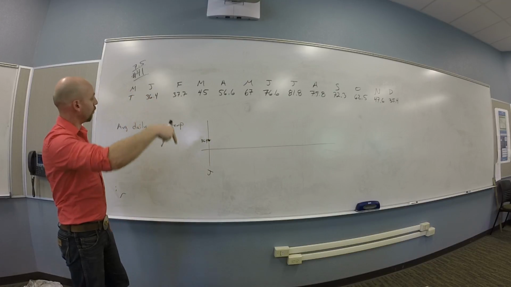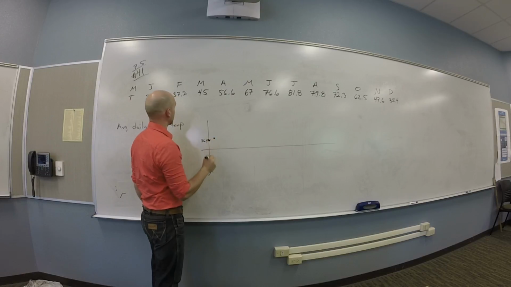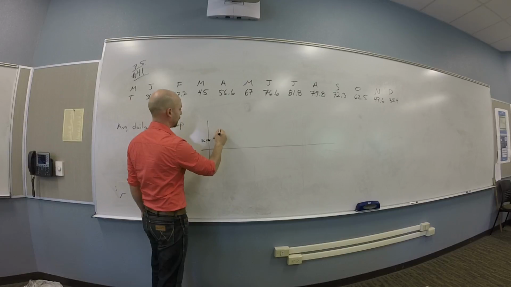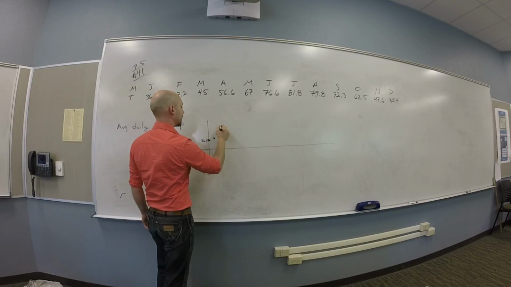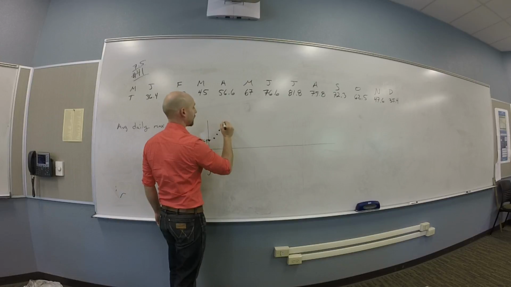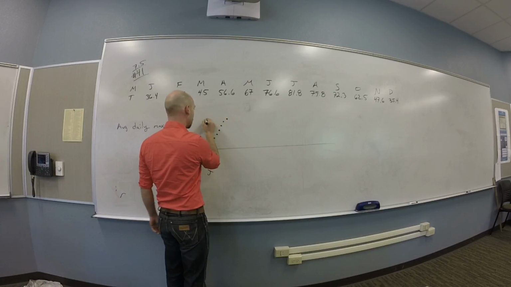And then 1 month past, you're 37.7 dot, then you're 45 dot, then you're 56.6 dot, then you're 67 dot, then you're 76.6 dot, then you're 81.8, which is not that high.